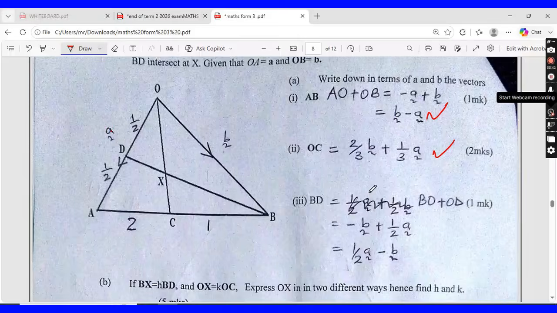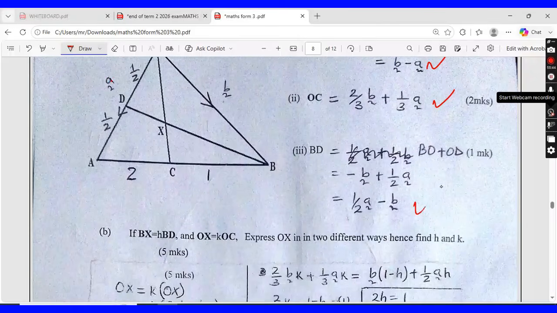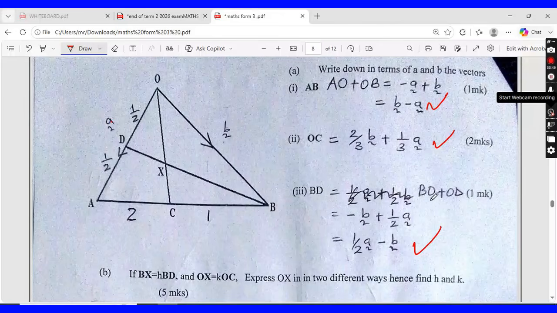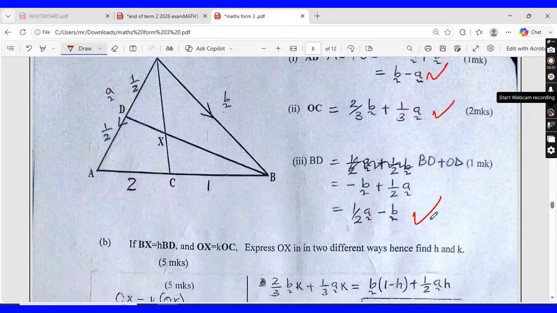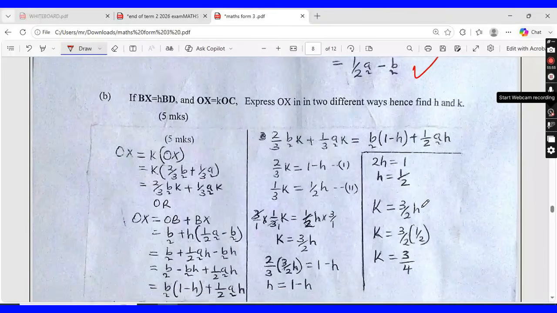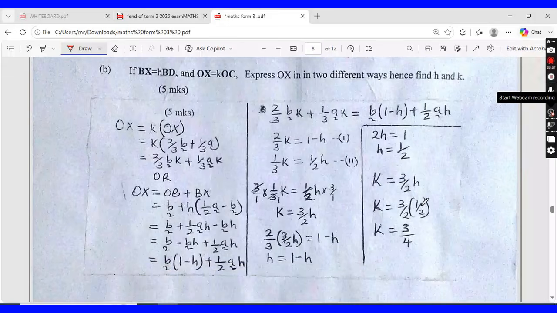Then BD, I have shown how I got BD there, because BD is equal to BO plus OD. Then I have shown here. So use this answer marking scheme, but practice first. Whenever you have any problem, I am available for consultation.